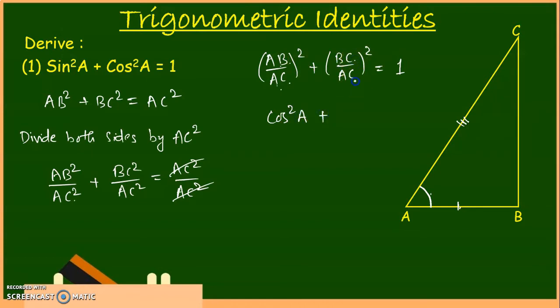Same way, BC divided by AC: BC is the opposite side and AC is the hypotenuse. So opposite side divided by hypotenuse is sin A, giving sin²A. So this is how we can derive the first identity: sin²A + cos²A = 1.